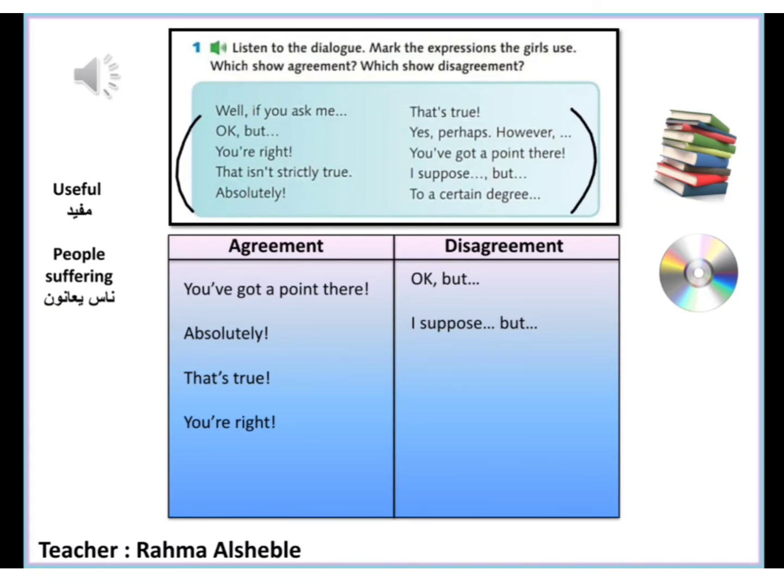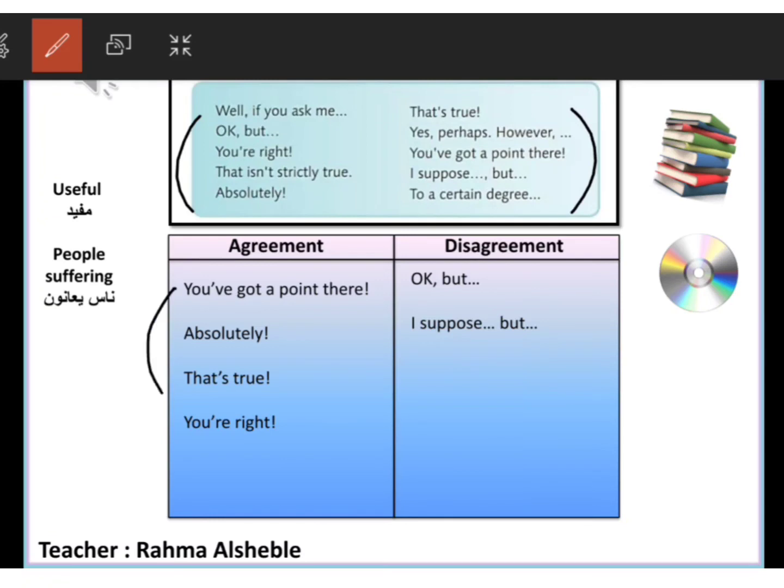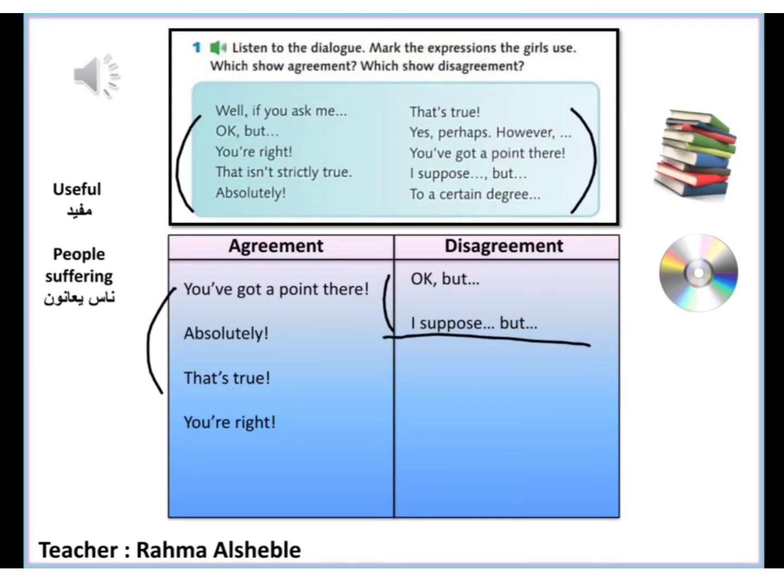These 4 expressions are for agreement, and the other 2 expressions are for disagreement. Now we are going to mention the expressions that show disagreement.